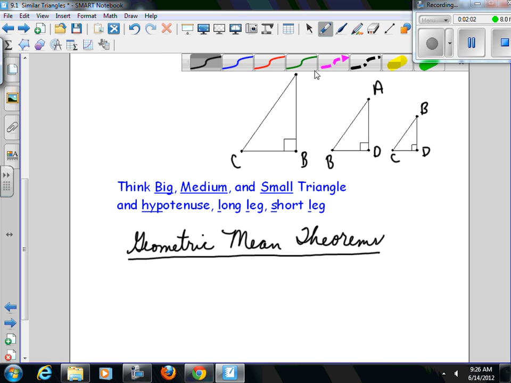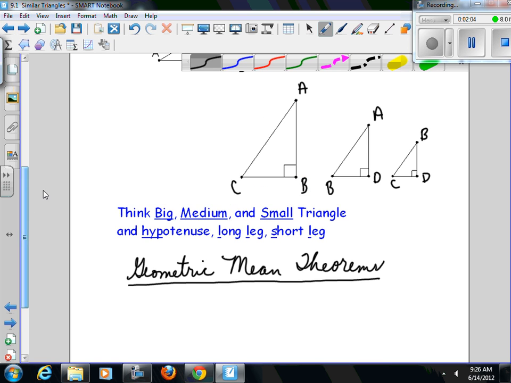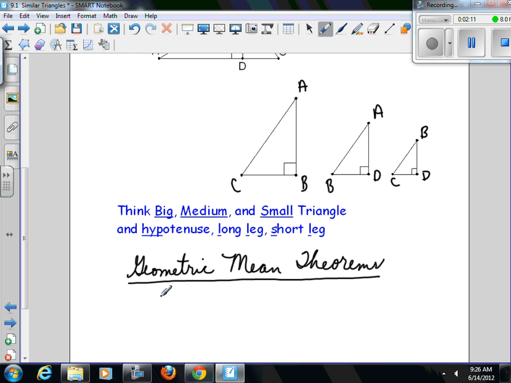We can create the following proportions from those three triangles.